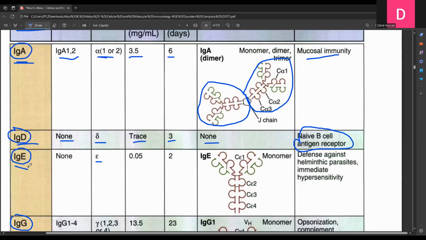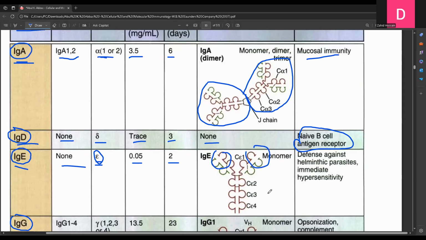Then we see IgE. It has no subtypes, and the heavy chain is of type epsilon. Its amount is 0.05 milligrams per ml, and its half-life is 2 days. Here you can see the IgE. These are the FAB regions, and this is the FC part.